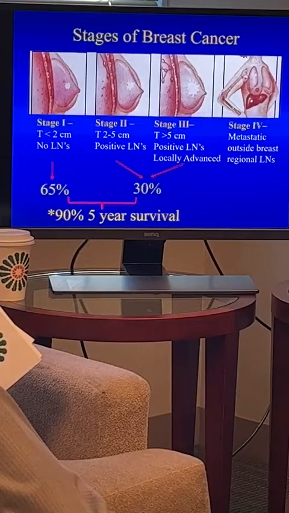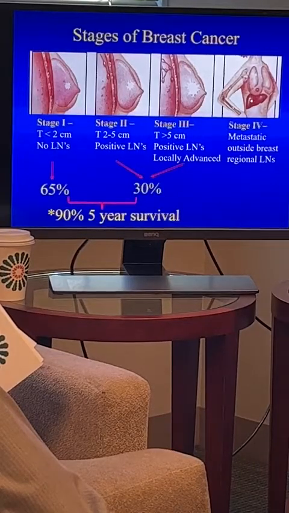Stage 2 are slightly larger tumors and may have positive lymph nodes, but it's usually microscopically involved. And stage 3 are larger tumors. They're greater than 5 centimeters, so the size of a lime, if you will. They have positive lymph nodes. They may be larger involvement of the lymph nodes, and therefore can be advanced. It might even involve the skin or the chest wall.